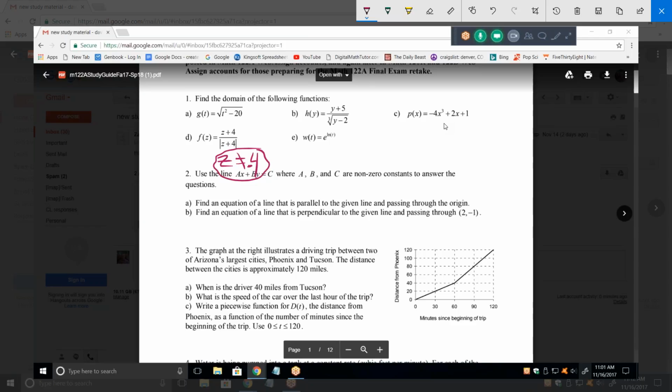Wow. But that restriction never goes away. Even if I had z plus 4 over z plus 4, and it was just like that, I can convert that to the number 1, and now it looks like there's no domain restrictions at all. But there is.